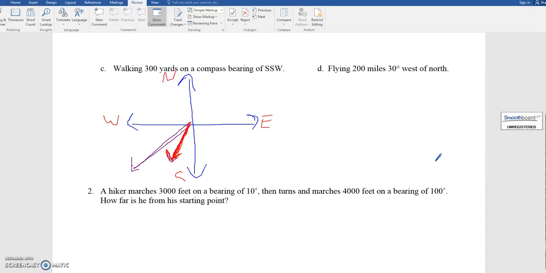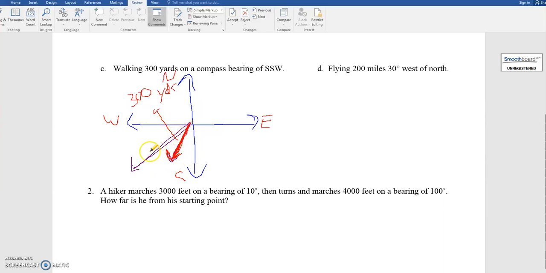A couple things I want to write down. First of all, the length: 300 yards in that direction. But I also want to think about the angle measure I have right here. I do want you to consider that this whole angle was 90 degrees.